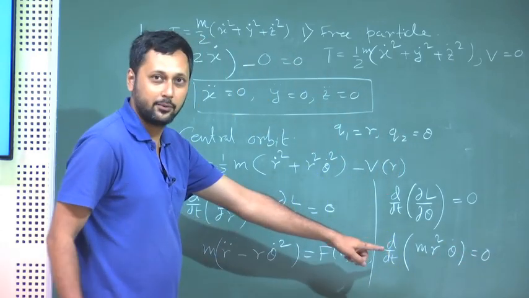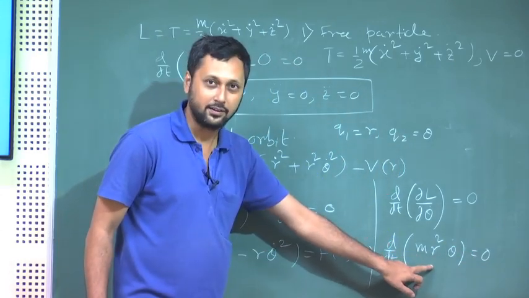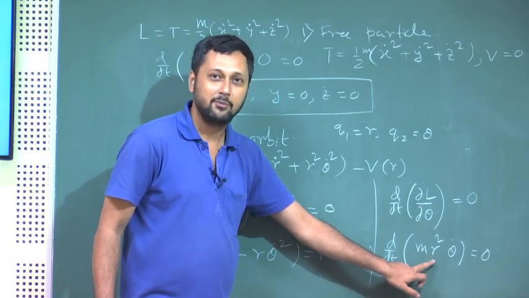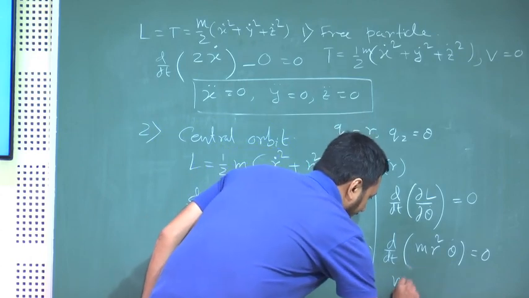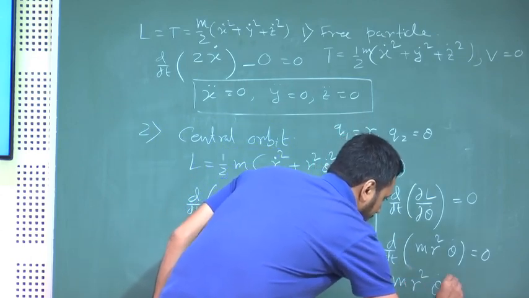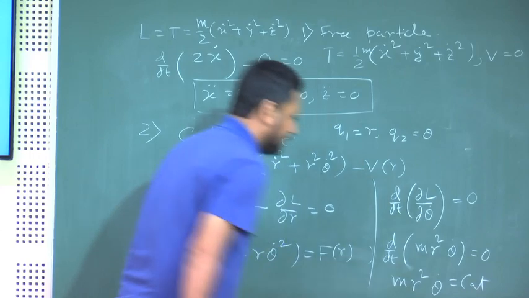Does it sound familiar? Definitely it does. This is nothing but your angular momentum magnitude. So, the second equation gives you m r square theta dot equal to constant.